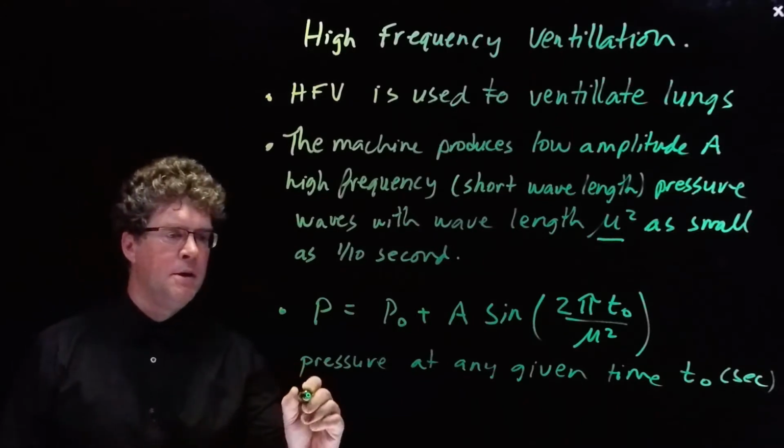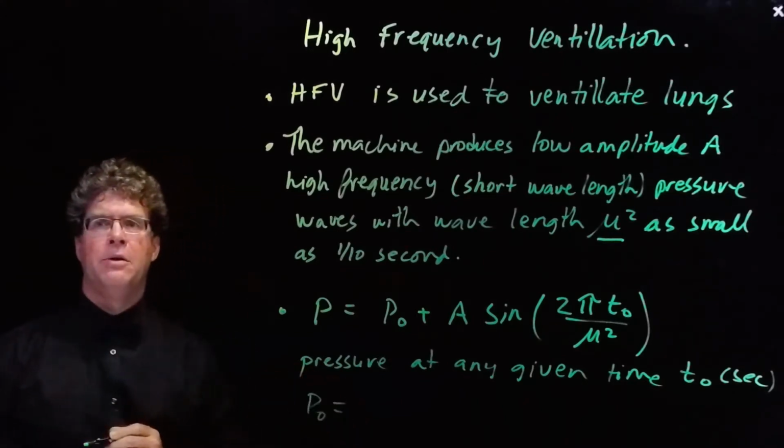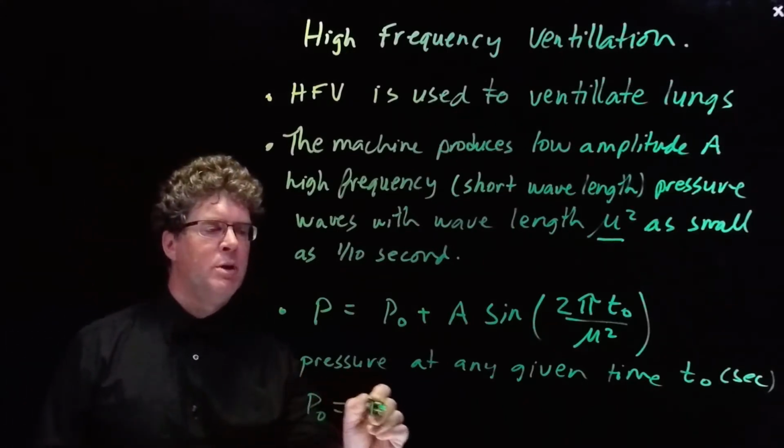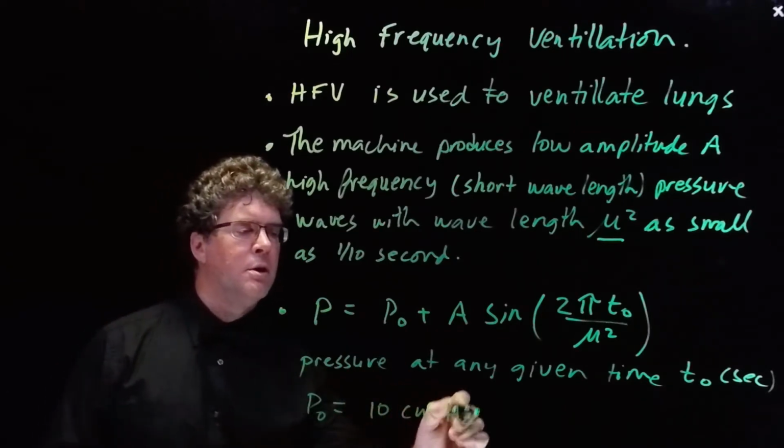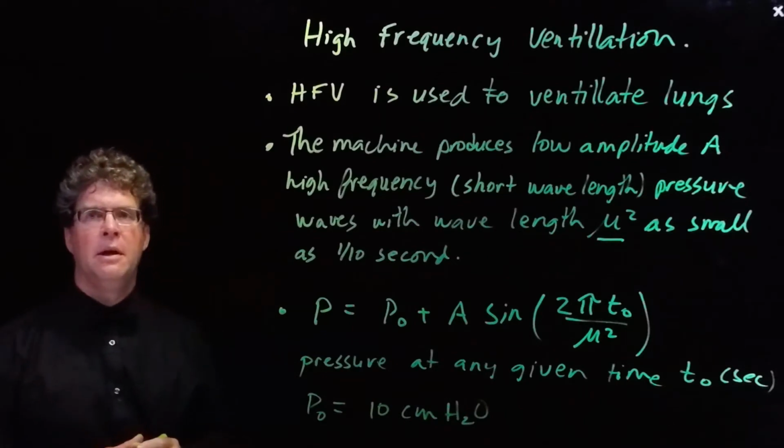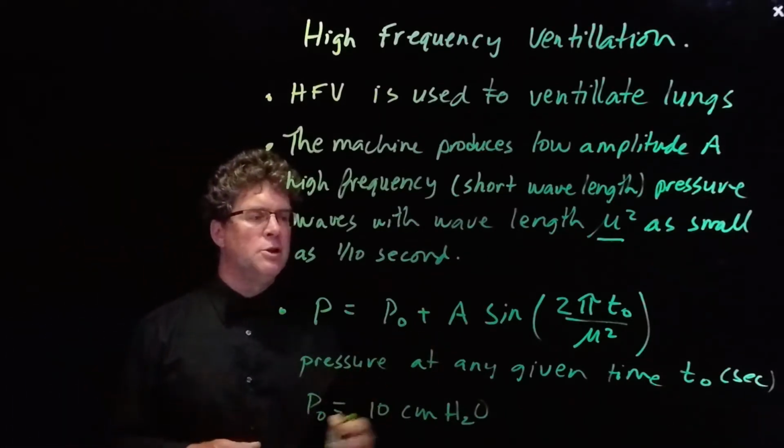And P naught is the background pressure, which turns out to be about 10 centimeters of water. That's how it's measured. And it's a mean airway pressure.